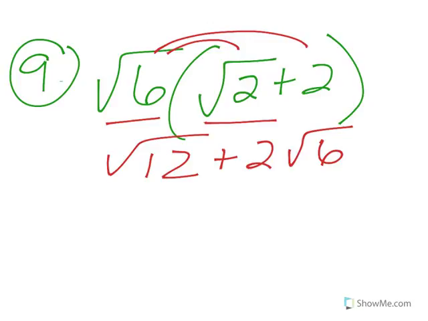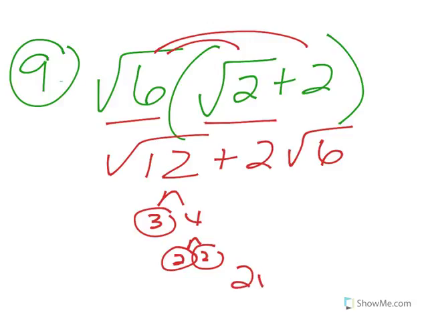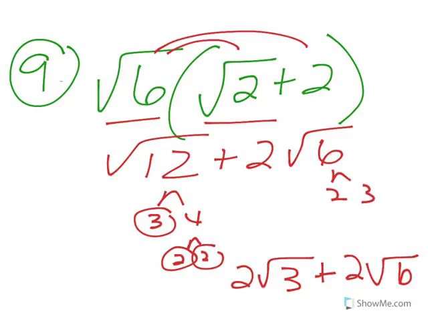If you can simplify 12, which you can, so it's 3 and then 4, and then 2 and then 2, I can pull out a pair of what? Pull out a pair of 2's, and then I have 3 left, plus 2 square root of 6. And I'm not going to simplify 6 because, look, if I simplify it, I don't have a pair that I can pull out, so you don't even have to do that. So you can just leave it as 2 square root of 3 plus 2 square root of 6.